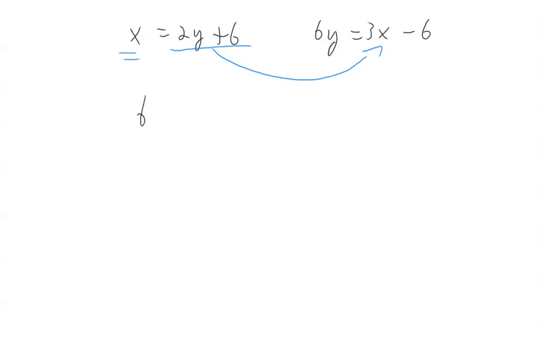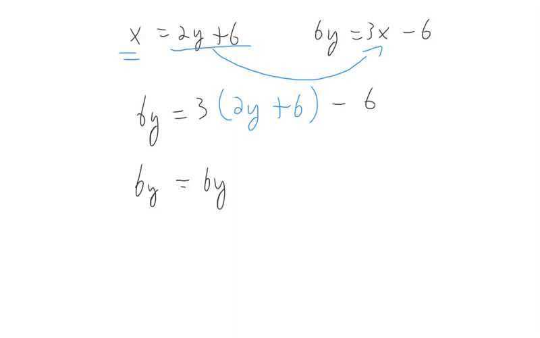So I get 6y equals 3 times 2y plus 6 minus 6. So 6y, I distribute, equals 6y plus 3 times 6 is 18, minus 6. Combine like terms, 6y equals 6y.